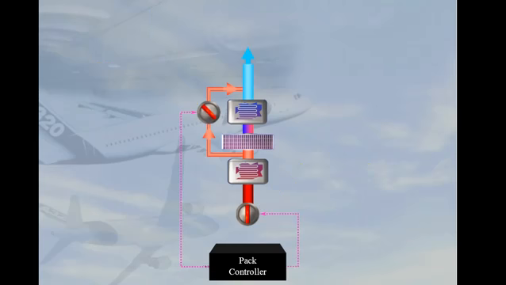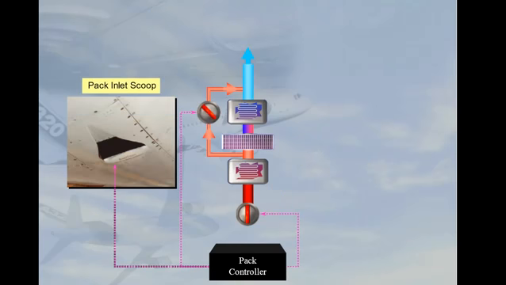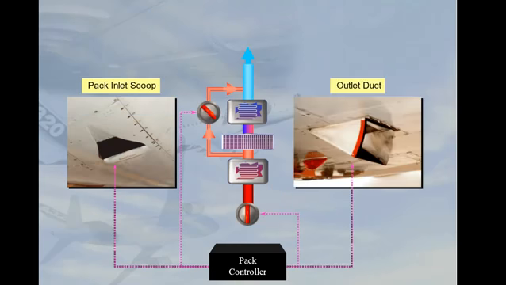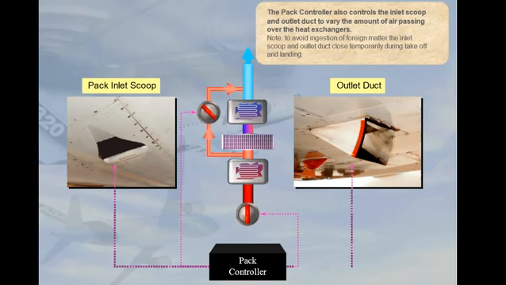The pack controller also controls the inlet scoop and outlet duct to vary the amount of air passing over the heat exchangers. Note: to avoid ingestion of foreign matter, the inlet scoop and outlet duct close temporarily during takeoff and landing.